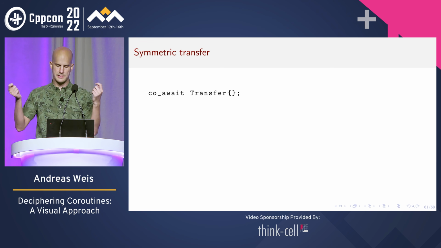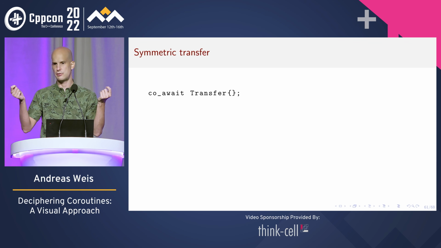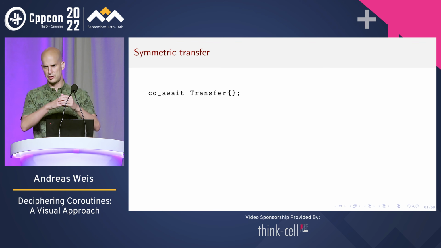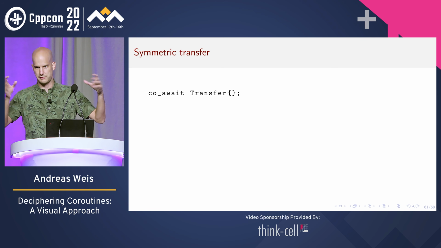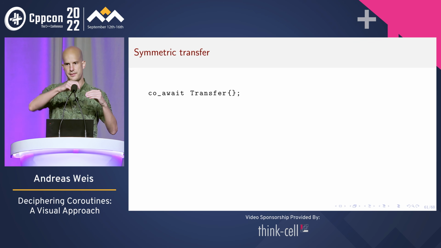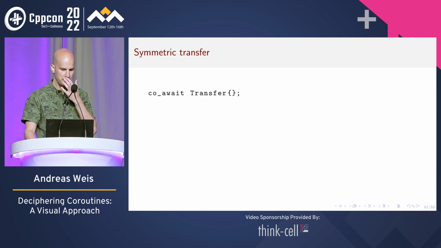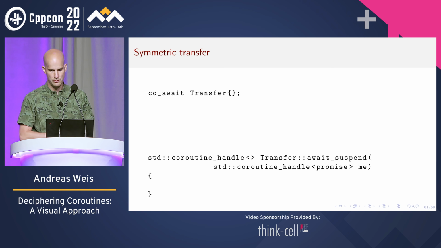And this is implemented like a tail call, so the two really switch places on the call stack. It's not that you have both coroutines on the call stack, it's really that one disappears and the other takes its place on the call stack. And implementing this is quite straightforward.